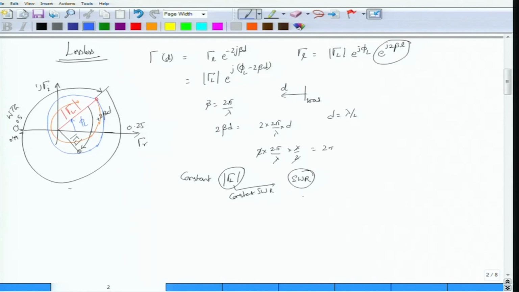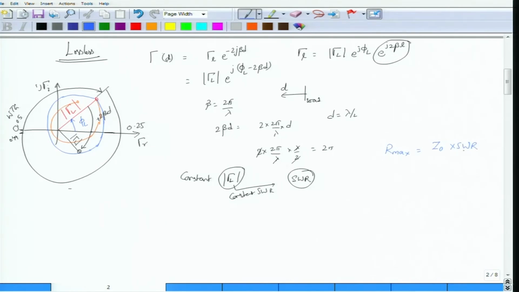Now here are a couple of other things that you can immediately note down. What is the maximum resistance on the transmission line? The maximum real part of the impedance would be the transmission line characteristic impedance Z0, which is again assumed to be real, times SWR. This was an exercise which I gave you in the last module. I hope that you would have solved this and realized this.